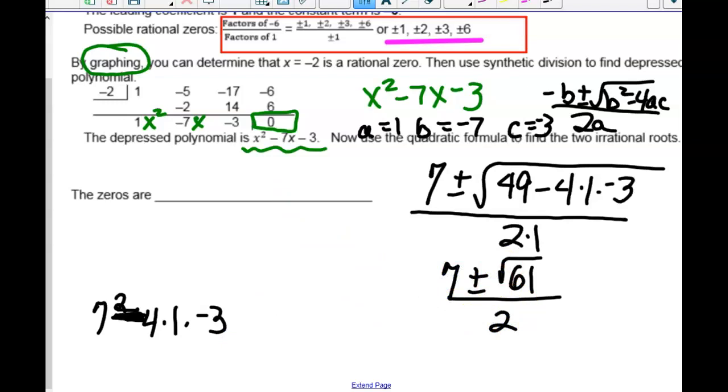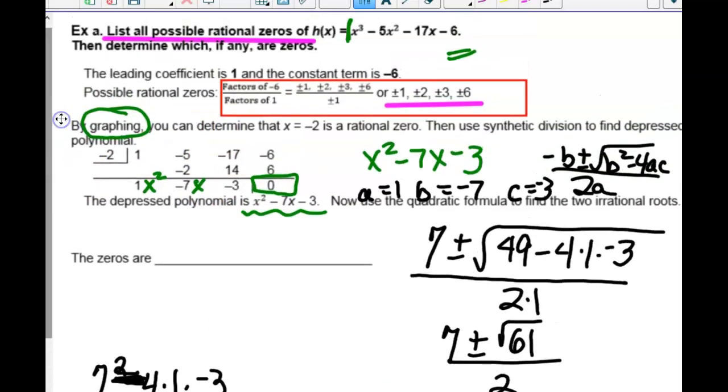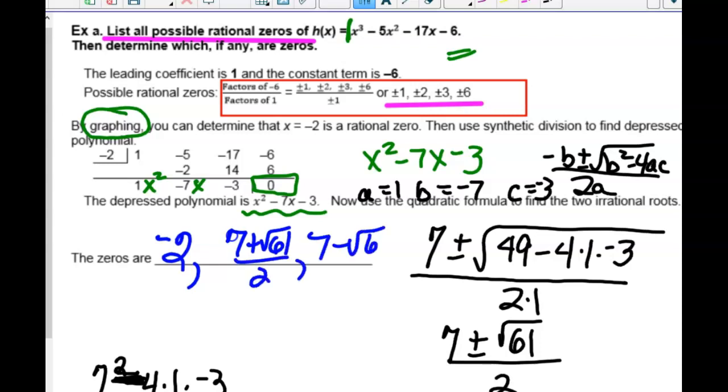No. What are the zeros for this original polynomial way up at the top here, x cubed minus 5x squared minus 17x minus 6? You now found all three exact zeros, which if you had graphed, you would have got crazy icky decimals for two of them. But you now found them. One was negative 2. The other two were plus the square root of 61 over 2 and minus the square root of 61 over 2.